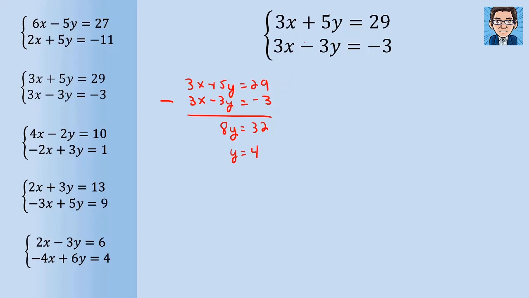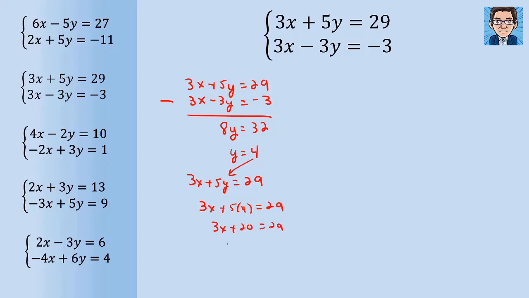To get x, we then take one of these equations and substitute y equals 4 in. 3x plus 5y equals 29. Let's just take the first equation, and let's put 4 in for y. So 3x plus 5 times 4 equals 29. 3x plus 20 equals 29.